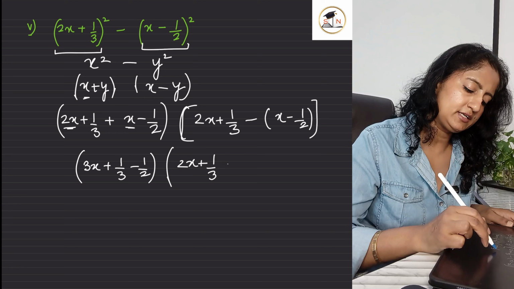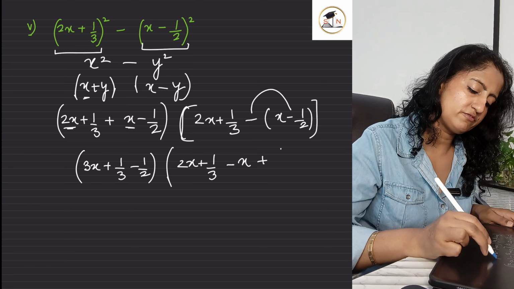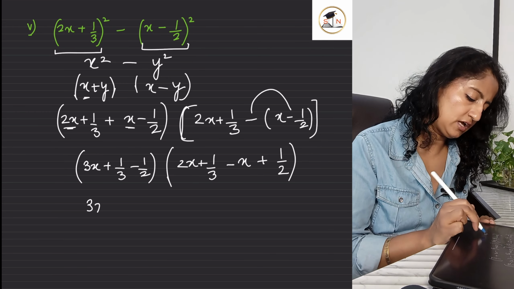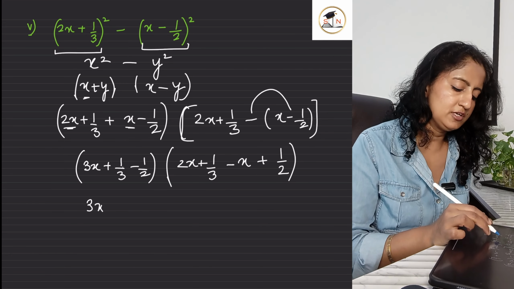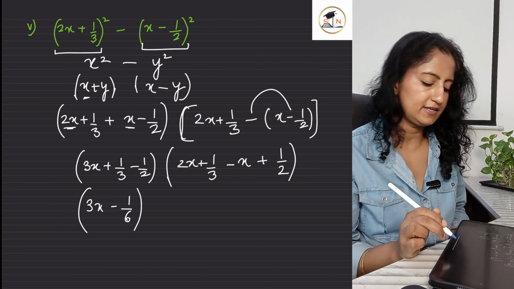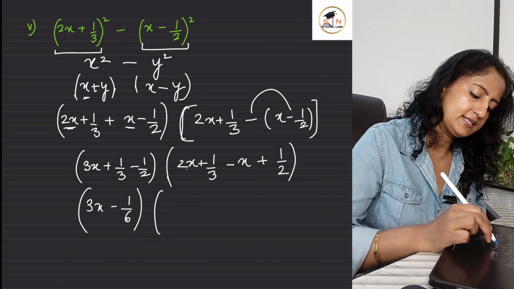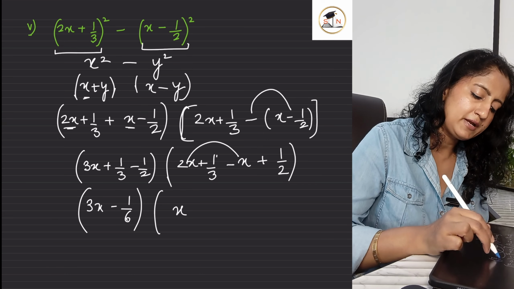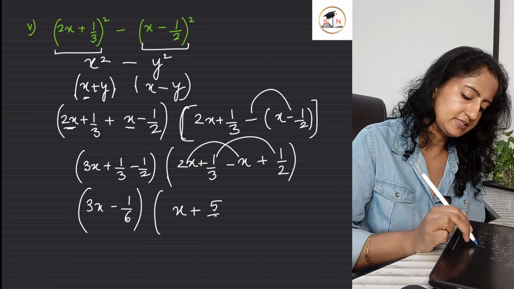Opening up the internal bracket leaves me with minus x, and this minus minus becomes plus 1/2, right? So 3x. Now we will take the LCM of 1/3 − 1/2, which you can do easily. So 2 − 3 is −1/6. My first bracket gives me 3x − 1/6. In the second bracket, it is 2x − x, that is x. Then we have 1/3 + 1/2, that is going to be + 5/6.